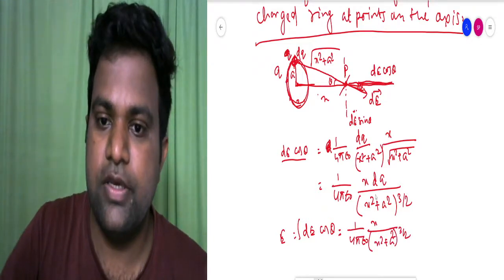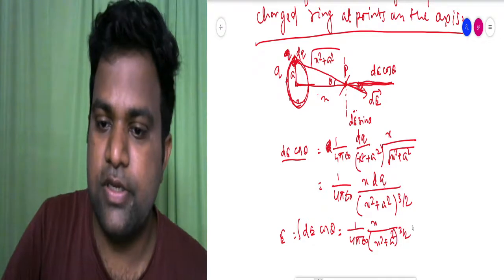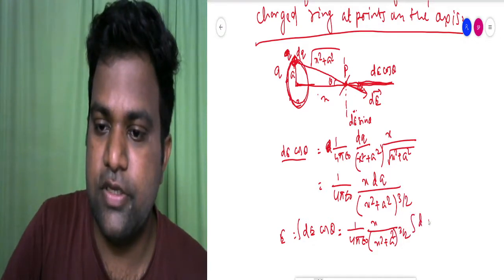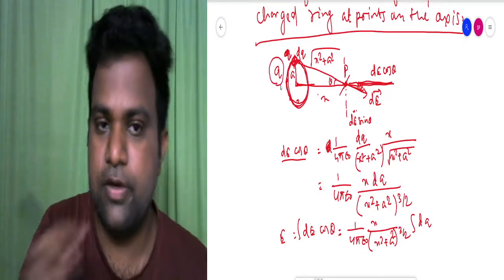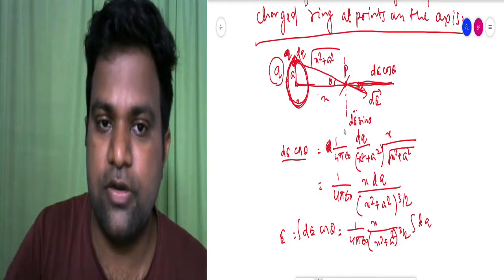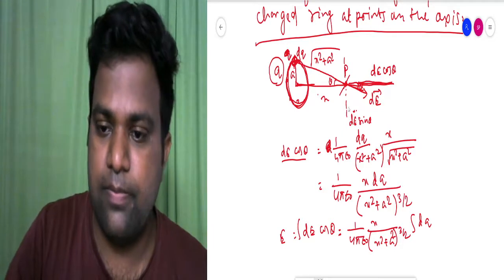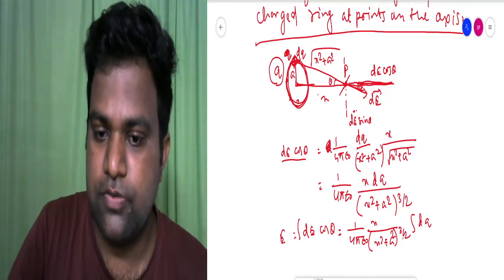So the only integration will be with dq, and the integration of dq, if we add all the small charges over the ring, gives the total charge, which will be Q, because this charge Q is distributed all over the ring.